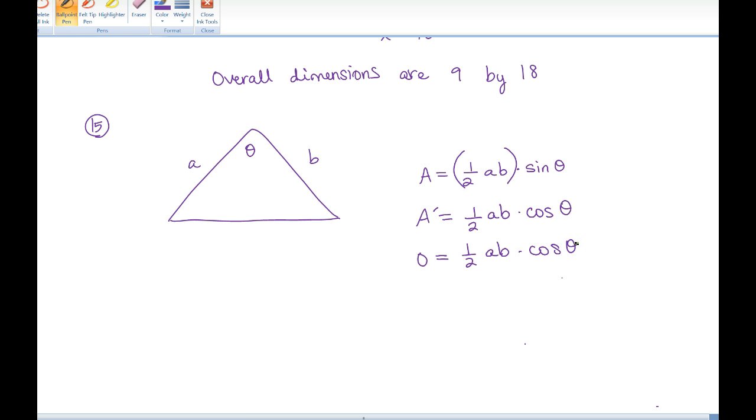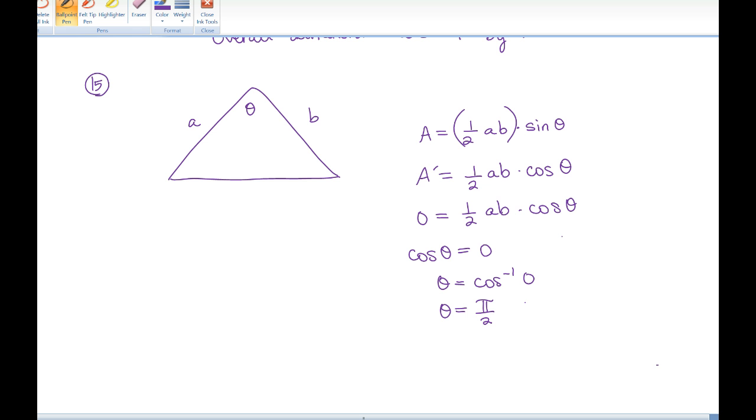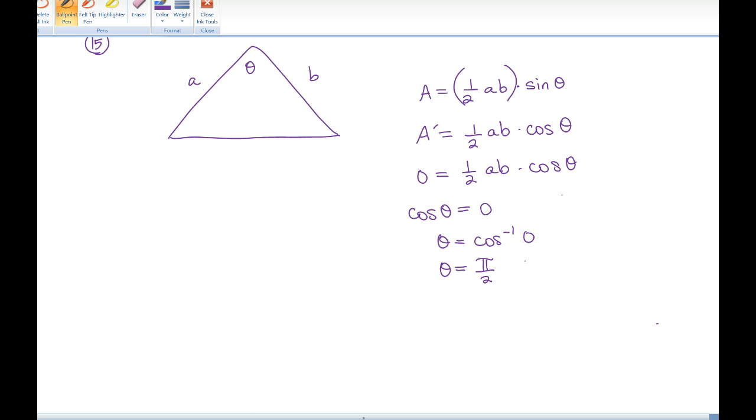Since A and B can't be 0, we look at where cosine is equal to 0. And we get theta is equal to pi over 2. So for number 15, this is going to be our answer. Again, do a number line and just verify that that is going to give us our maximum value.